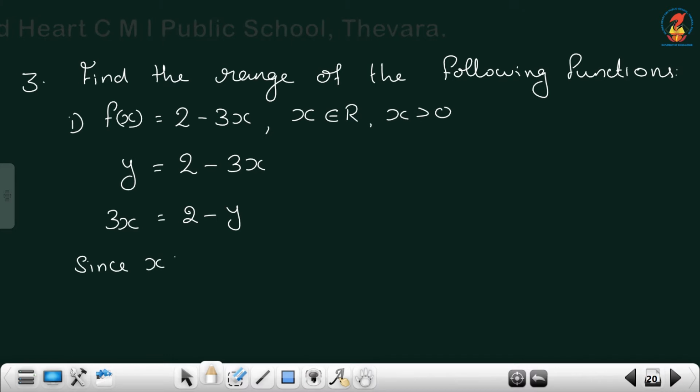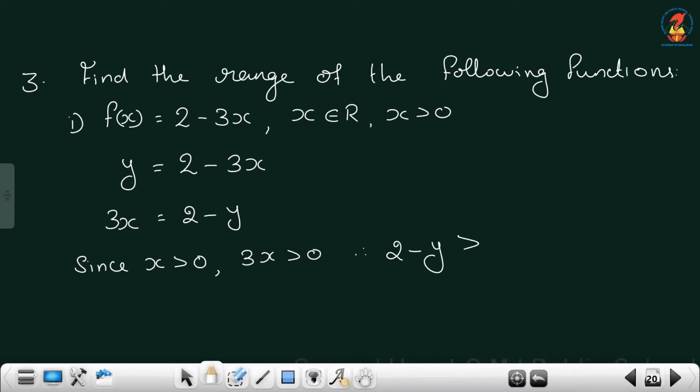Since x is greater than 0, as given in the question, 3x is greater than 0. X positive means 3 into a positive number is greater than 0. Therefore, the left hand side is positive, so the right hand side must also be positive. Therefore, 2 - y is also greater than 0. Or we can say 2 is greater than, taking y to the other side.